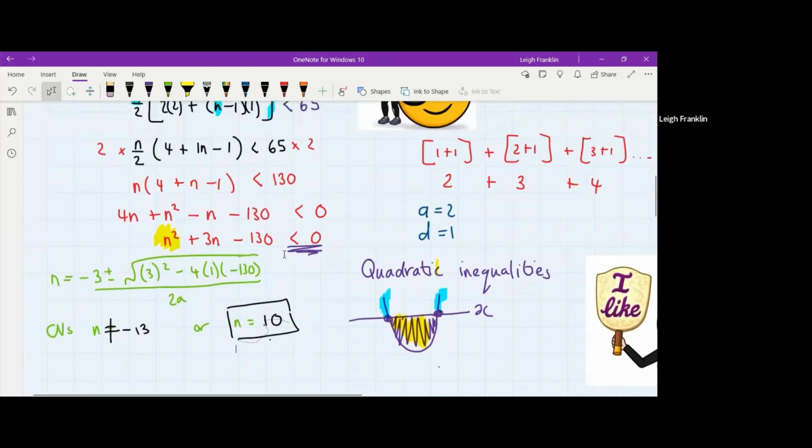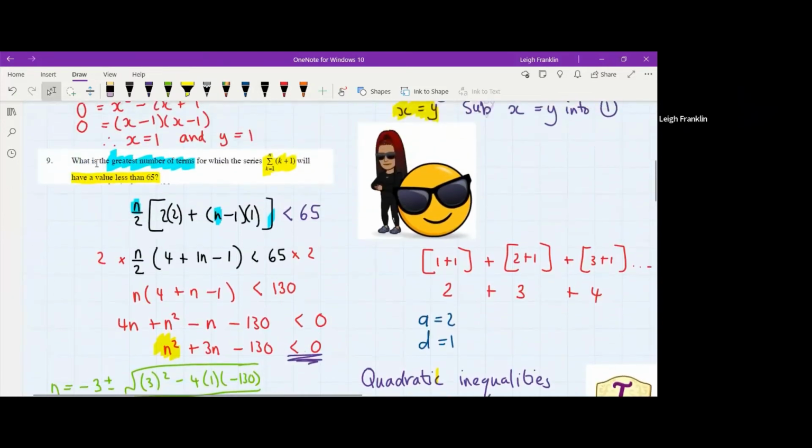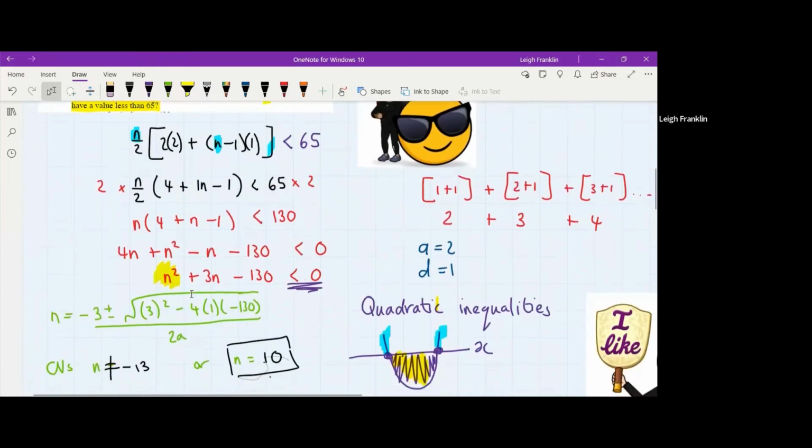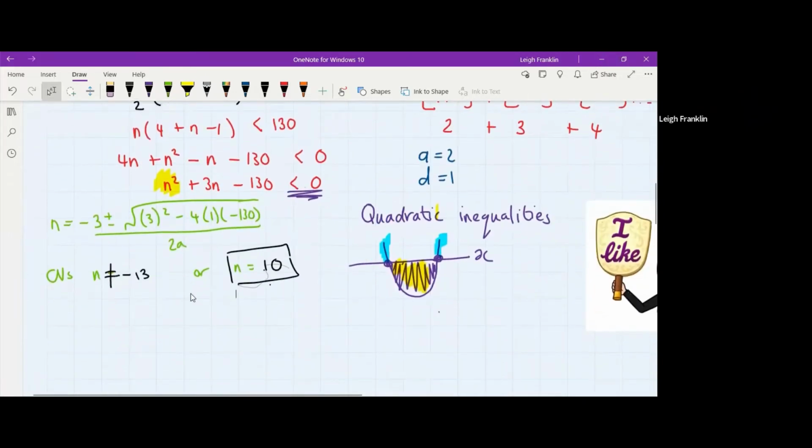Okay. Now, this is what we're going to do, because we're not finished yet. They said, what is the greatest number of terms for which the series will have a value less than 65? Okay. So now what I want you to do, Matrix, is I want you to do this. If n is equal to 10, subbing into Sn, we're going to say 10 over 2.